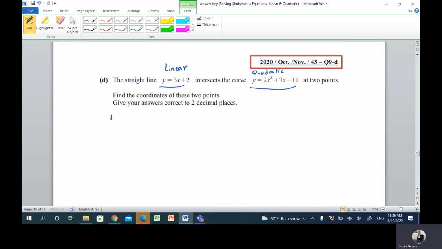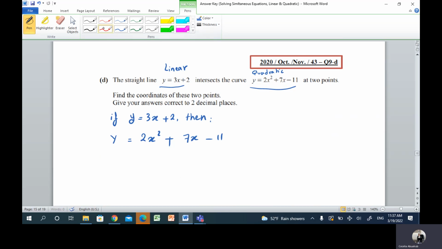So if y is equal to 3x plus 2, then the quadratic equation is y equals 2x squared plus 7x minus 11. So let's replace this expression instead of y here.